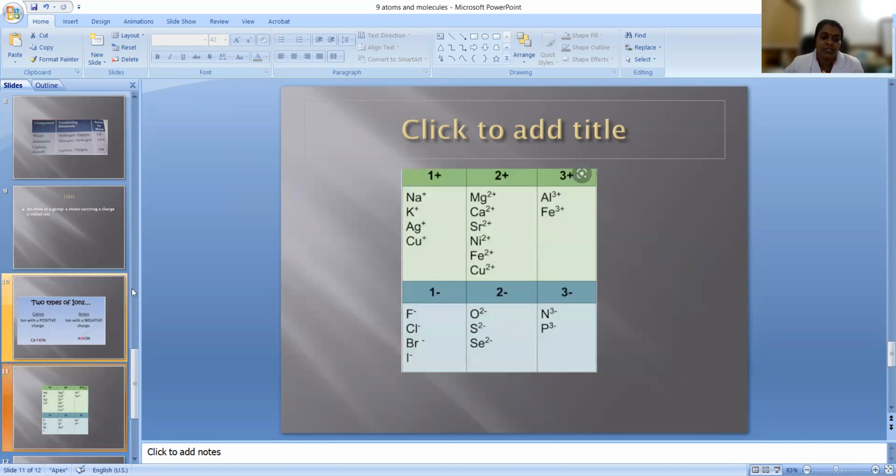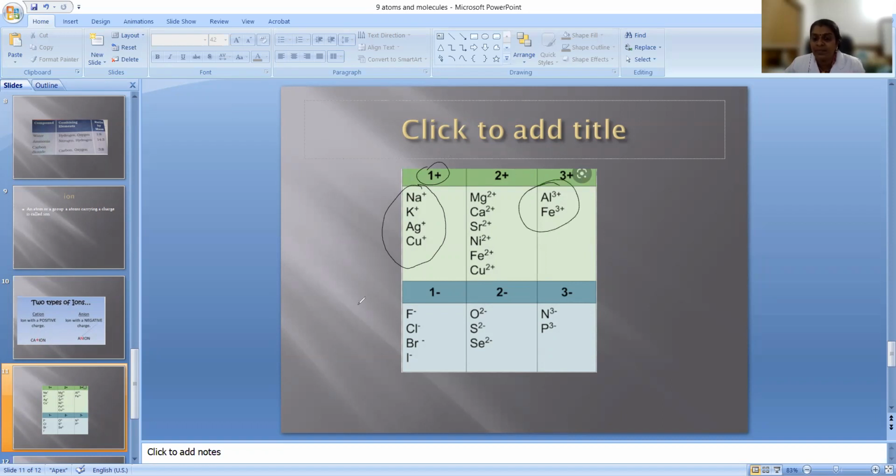Next, we have to learn some ions and their charges, because next class I am going to teach you formula writing. So you have to understand what the charges are. Sodium and all these metals have +1 oxidation state. Magnesium, calcium, strontium, nickel, iron and copper are 2+.